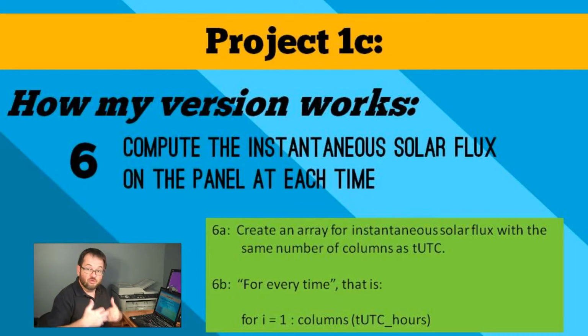Now we're going to make a loop. For every one of those values, for i equals 1 to the number of columns in that array. I wrote it here as the number of columns in TUTC hours, but it could just as easily have been instantaneous solar flux; it would work.